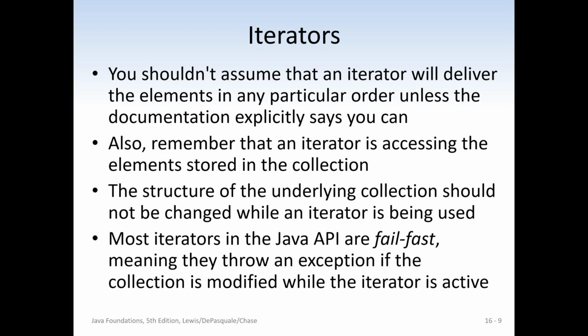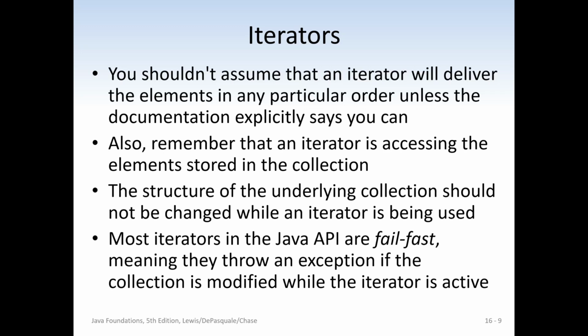You've got an iterator. You call hasNext. It says sure, but then you go inside and you delete everything from there to the end. When you try to use the iterator, it's going to crash because the iterator was invalidated by the fact that you manipulated the collection. So you should not change the collection while you're using the iterator, because you can destroy the thing that you're iterating over. It's dangerous. It's not safe.